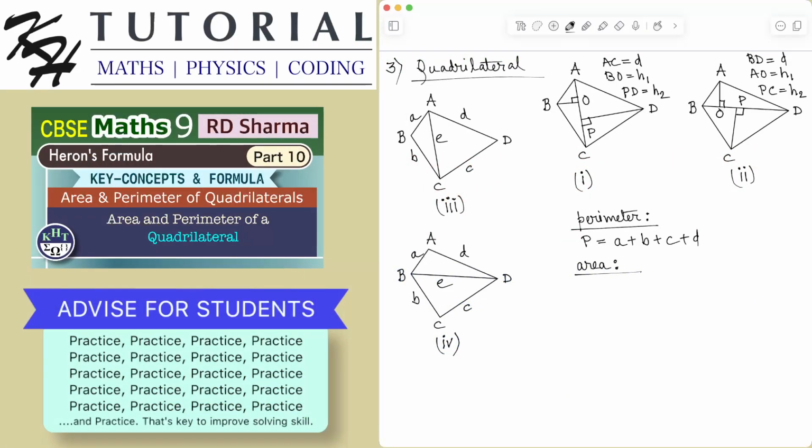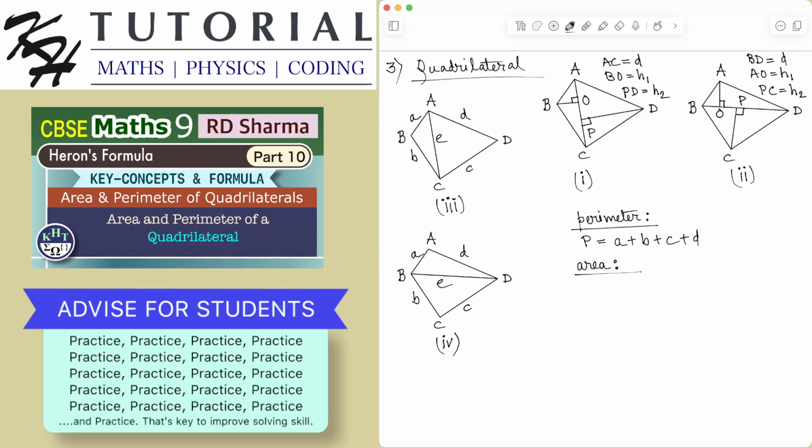Okay, so how do we find the area of a quadrilateral? There are basically two methods to find the area of a quadrilateral where it is not a trapezium, rectangle, square or rhombus. In the first method, consider figure 1.